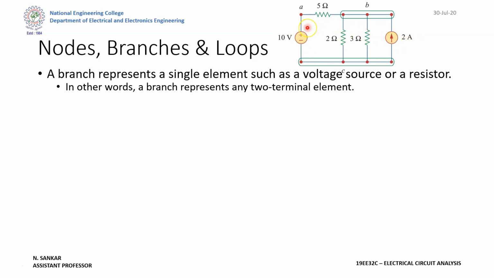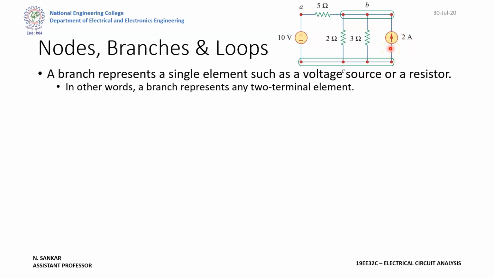So each element is considered as a branch. Or simply we can say a branch represents any two terminal element. For example, the 10 volt source has two terminals, one positive and another negative. Similarly for the current source, one is the starting and one is the ending point.